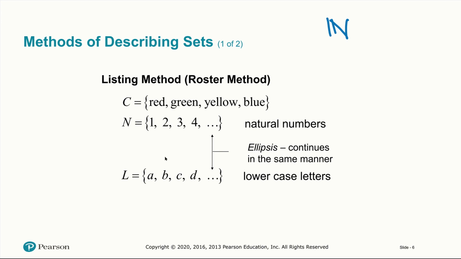Here, it looks like we're looking at a set L, which contains all the alphabet. Even though there's an ellipsis here, we know that this is not an infinite set. In this particular usage, you have to make sure that you don't mistake this for an infinite set. But the previous one is infinite, because there is no end to that particular pattern.